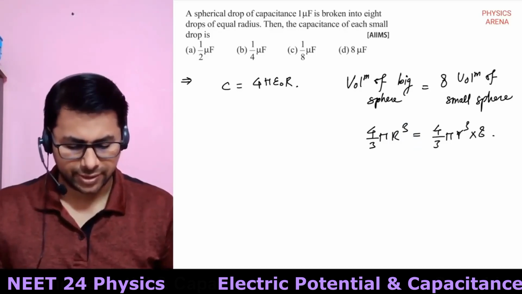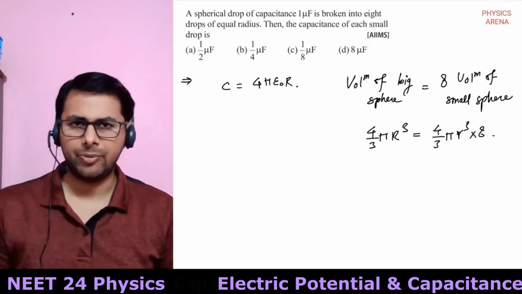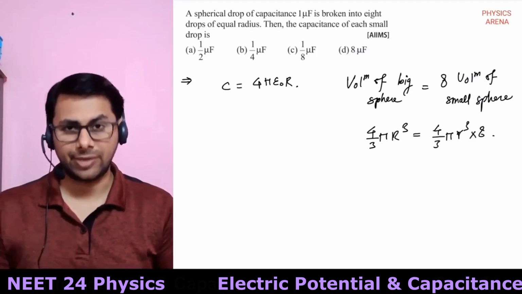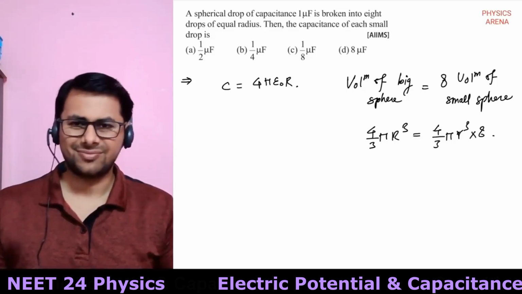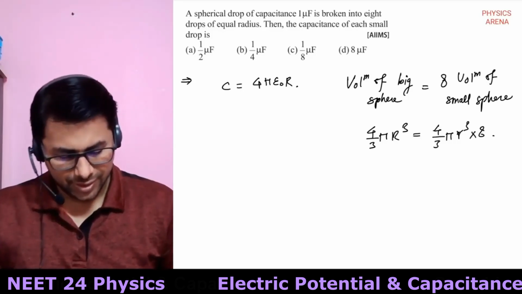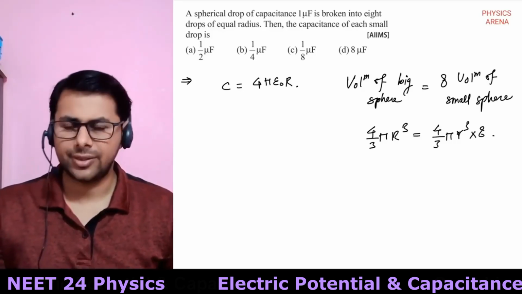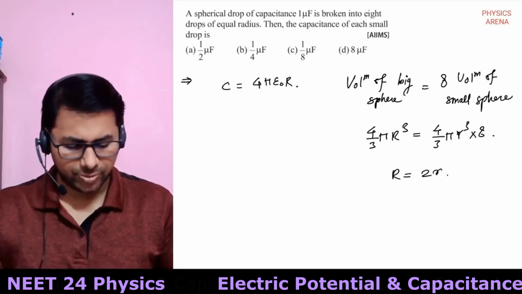This type of question is asked in capacitor, and the same type is asked in surface tension. Here, capital R is 2 times small r.